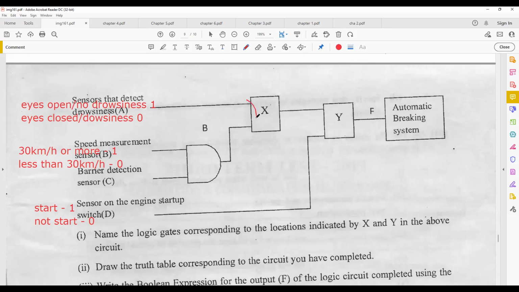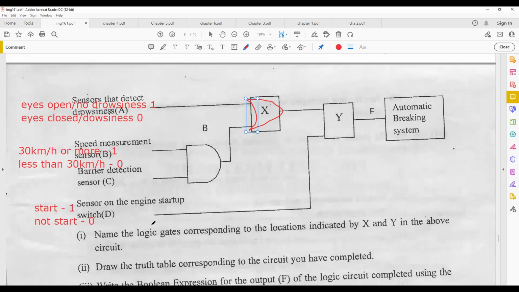We can have the OR gate. Yes, why OR gate? Either it detects drowsiness. Drowsiness means you are feeling sleepy. In that case, or if your speed measurement is high and then there's a barrier, right? So you detect the barrier and then that will indicate it here.